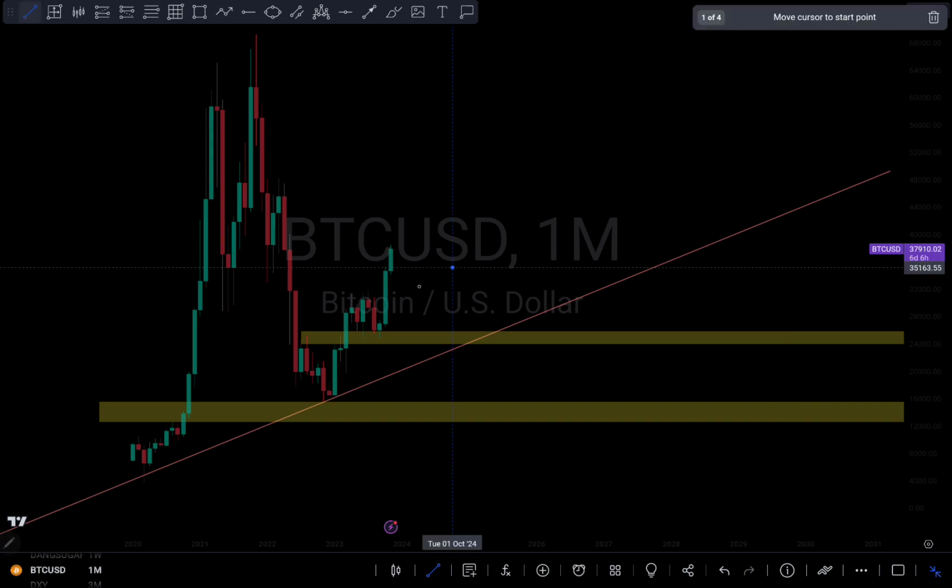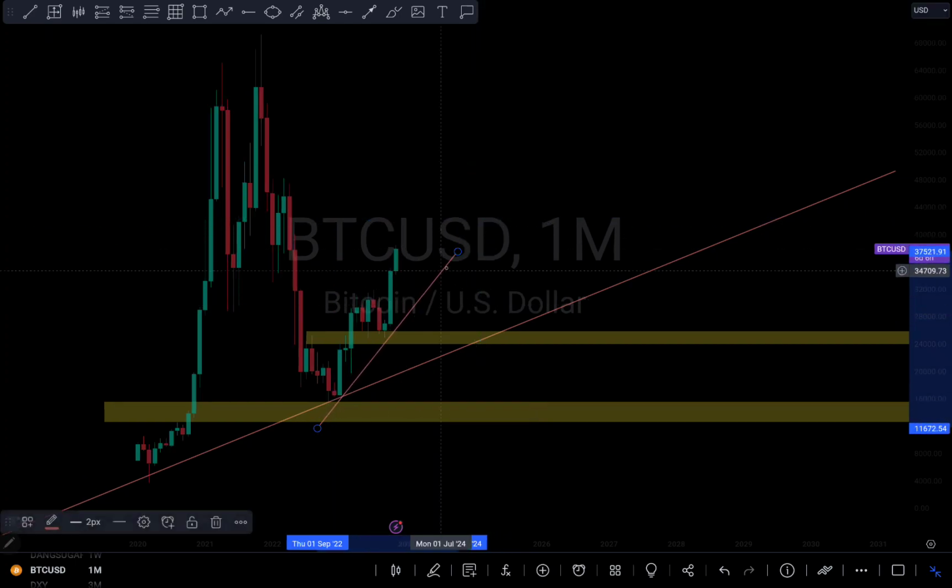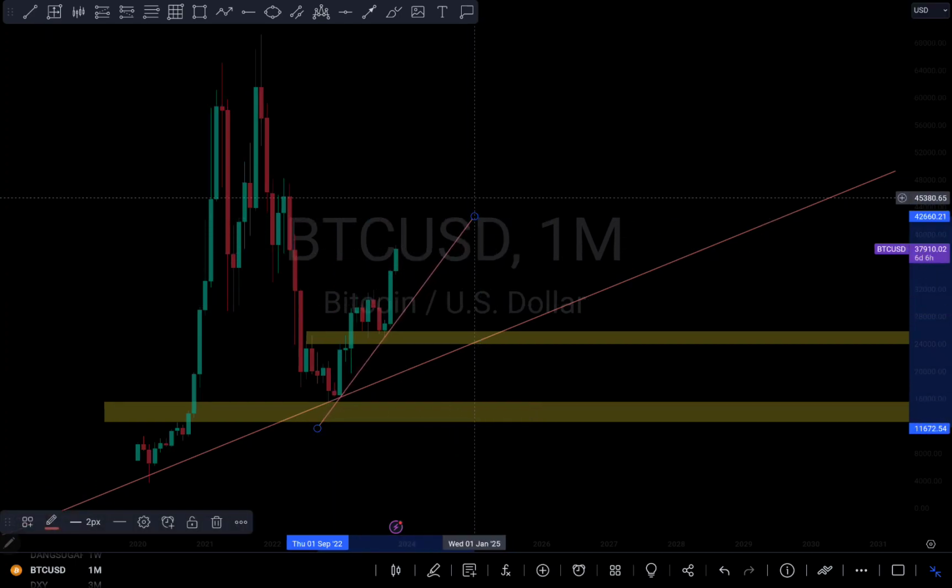So I can also draw a trend line right here, just to see that. I talked about something earlier on. We can see now that the market was previously on a downtrend right here.